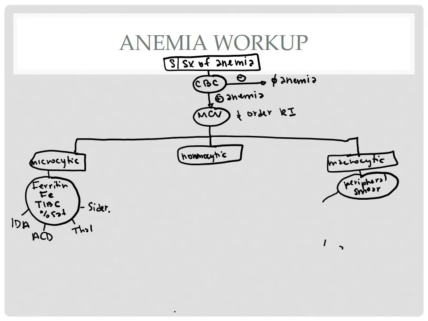So on your peripheral smear, if you have the hypersegmented neutrophils, or PMNs, so that means that there's 5 or plus lobes of your neutrophils, hypersegmented, 5 or more. If you have those, then you have a megaloblastic anemia. And that means that the next thing you need to do is look at your B12 and folate testing.